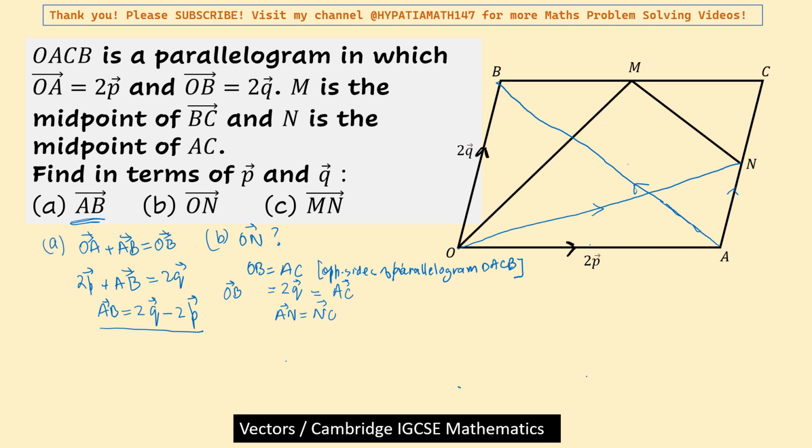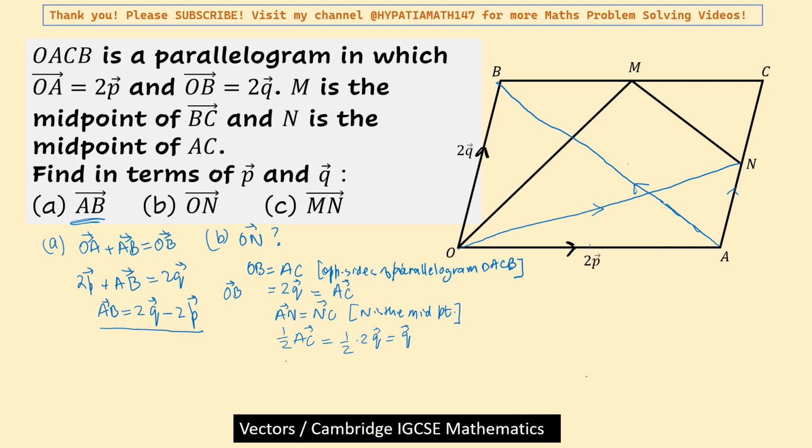So the vector AN should be equal to vector NC because N is the midpoint. So AN would be half of AC.